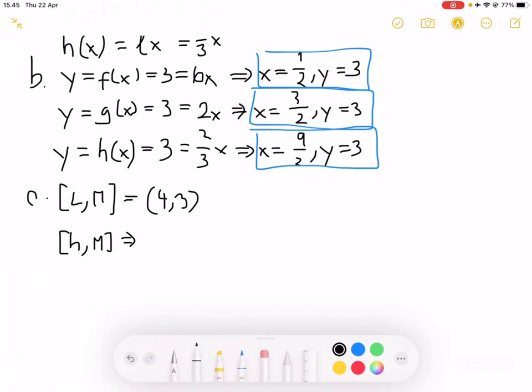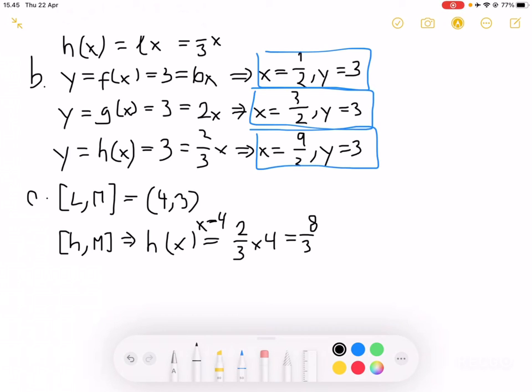We can set h of x, and then we can just input x equals 4, since we know the equation of the line is x equals 4, which is equal to 2 thirds times 4, so be 8 thirds.